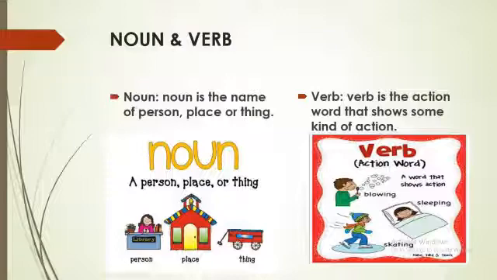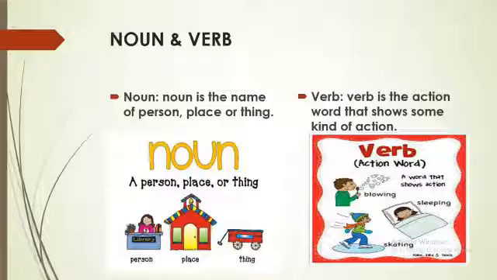And places such as your home, your school, any building, any place has a name. And the thing can be a pencil, a wood, a table, and many more. All these things have some names, and these names are called nouns.